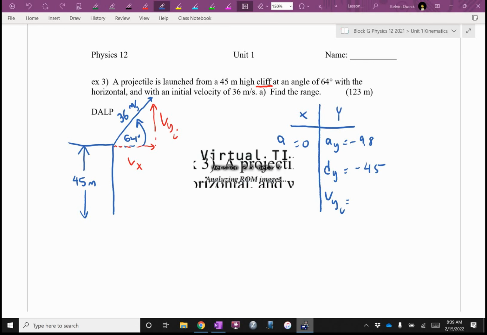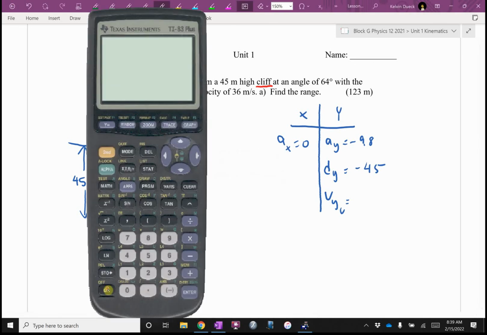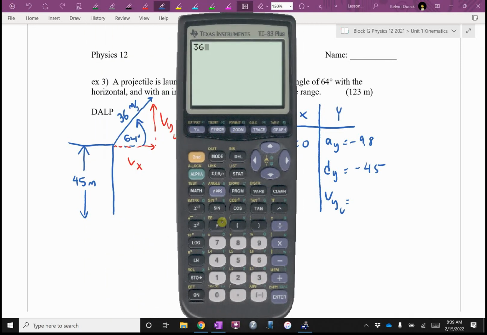And so we can just go 36 sine 64. 32.3566.